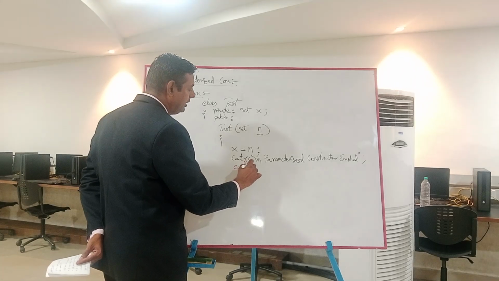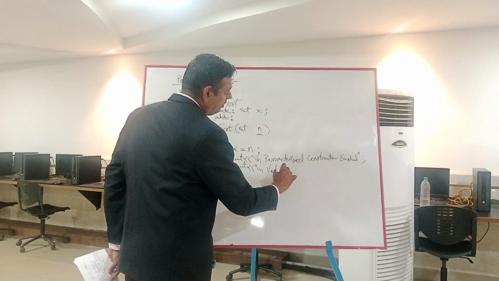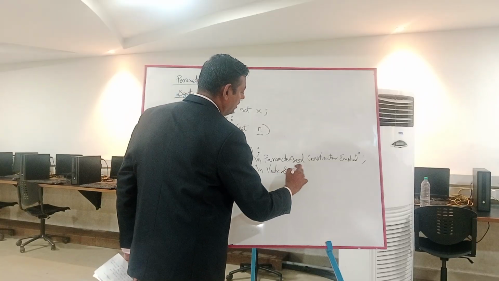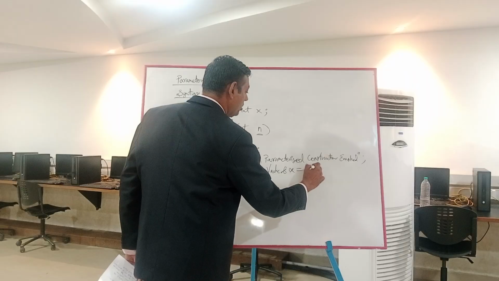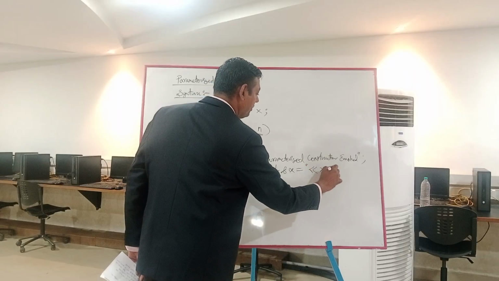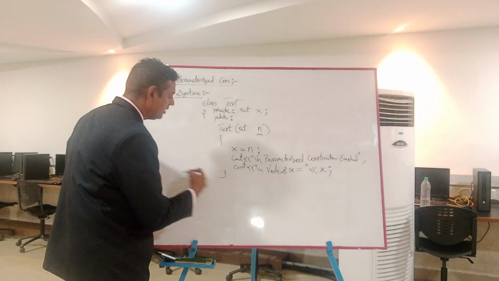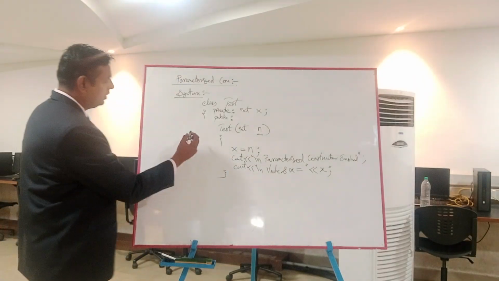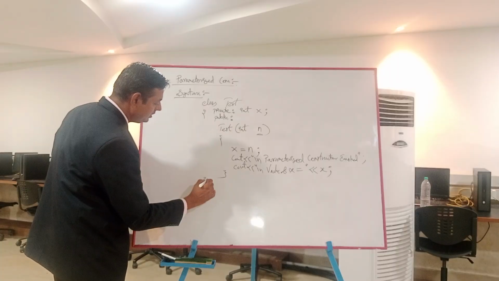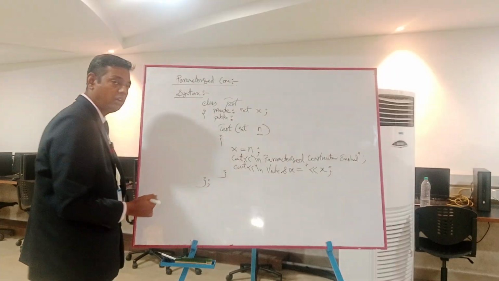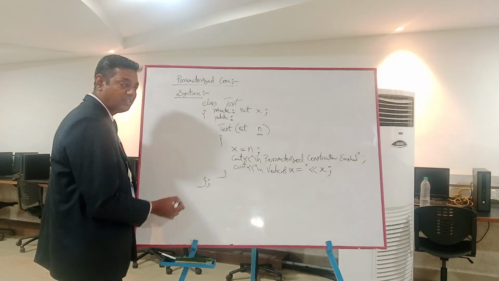So cout \n value of x is equal to, close double quotes, and I give the variable x. That's all, the parameterized constructor is over. I can close the constructor, close the class, and terminate using a semicolon. Normally in a C++ program we have to terminate the class with a semicolon.